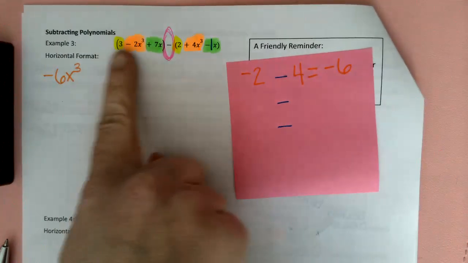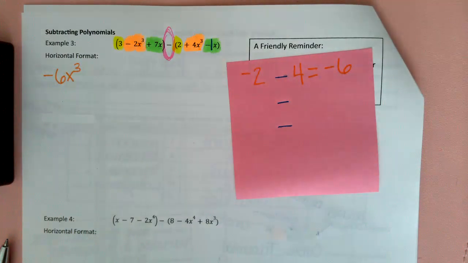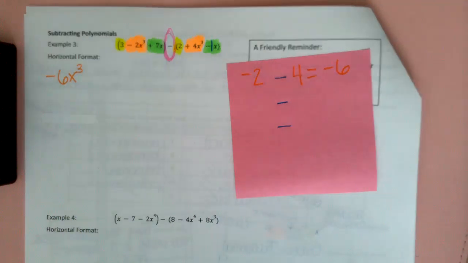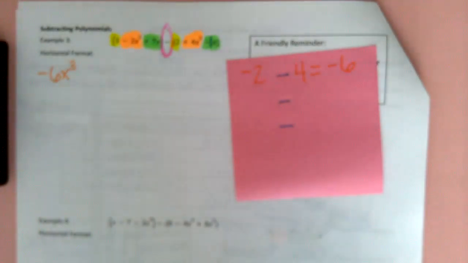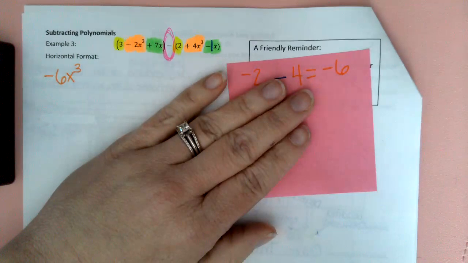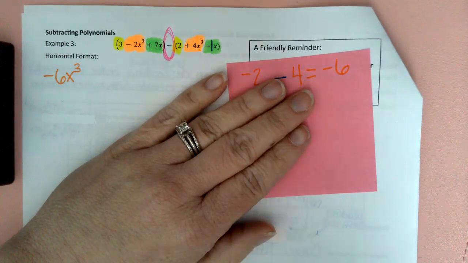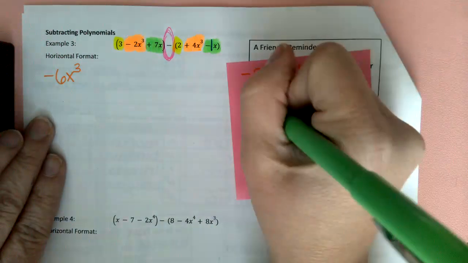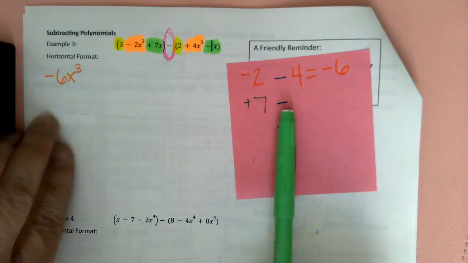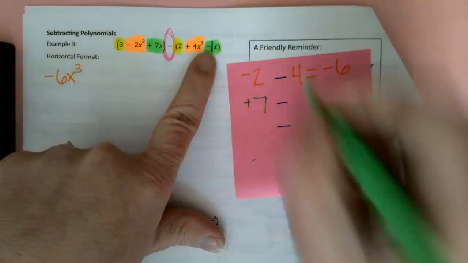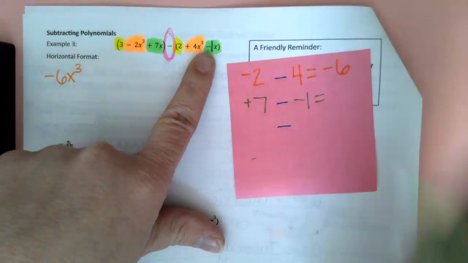What is the next highest exponent when looking through here? Yeah, it's my greens. Let me get this to focus. There you go. It's 7x, so I've got a positive 7 at that, minus, and then a negative 1 equals.